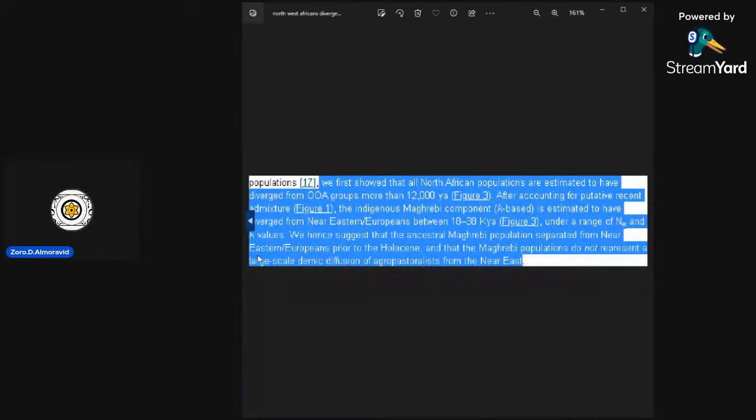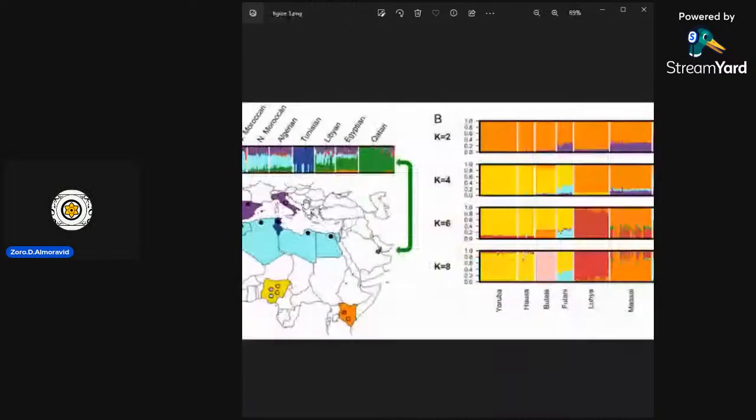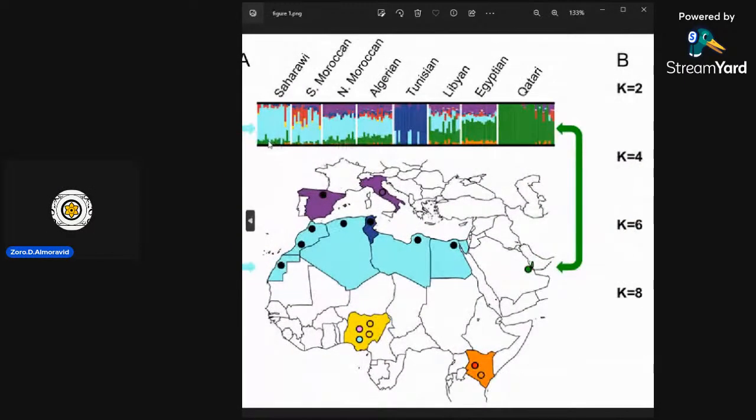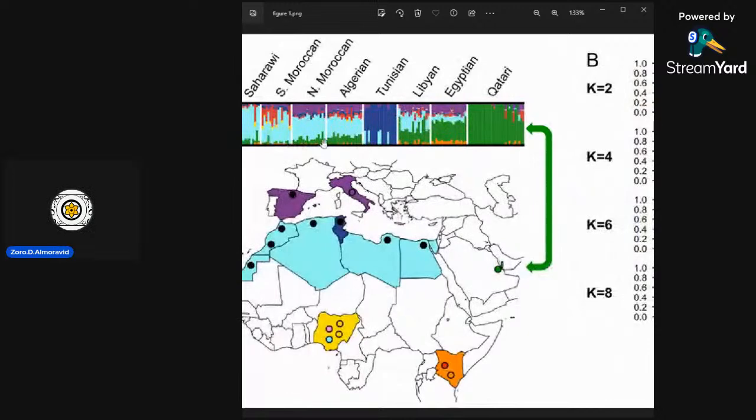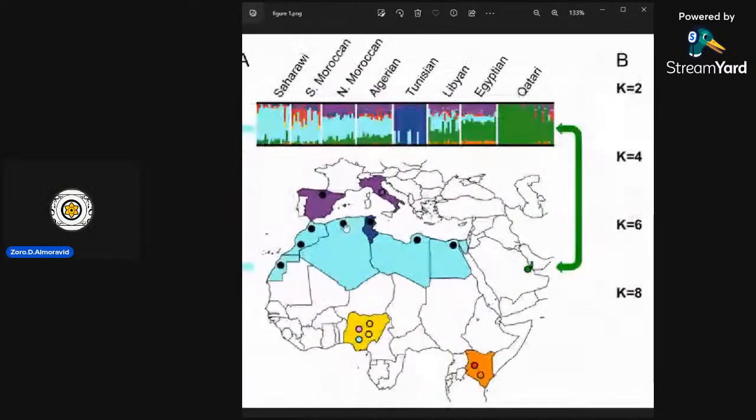This here is the main highlight of the gene flow coming from the Near East, aka the green marker. So this is the green marker here, as you can see. As we can see, it increases. So this green marker here does not only signify literally people coming here and mingling with Amazighs.